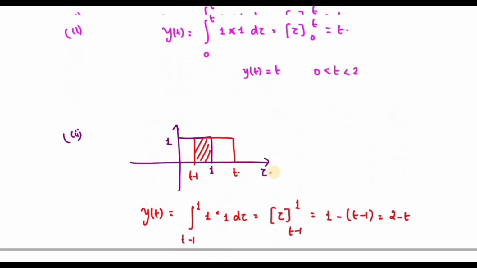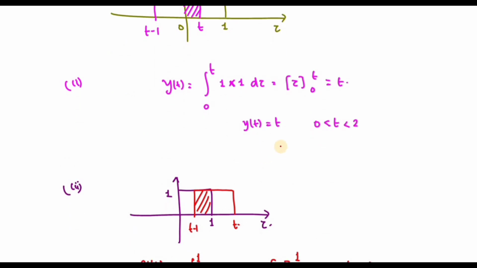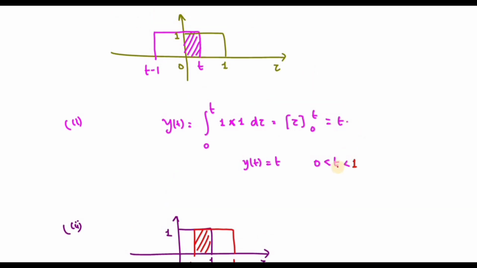Because the range must be 0 to 1, it should not be greater than 1. If I substitute t is equal to 1, there may be an intersection like this.